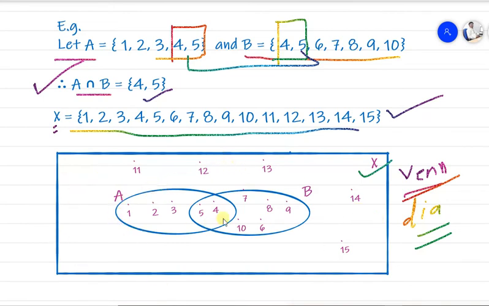And here we have a set A. So set A has 1 2 3 4 5, and set B has 4 5 6 7 8 9 10. So this region represents set B, and this portion represents set A. Getting my point? So whatever the common elements, we have to write in this common portion of A and B.